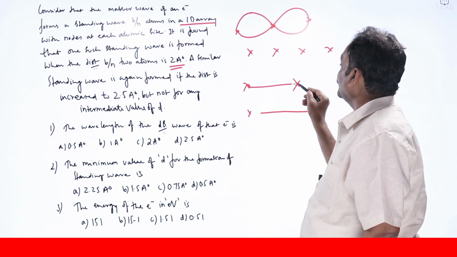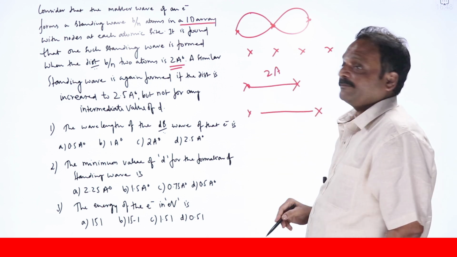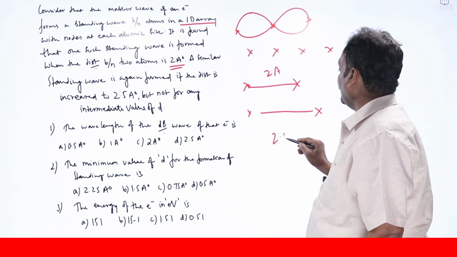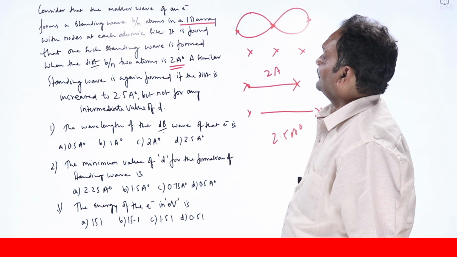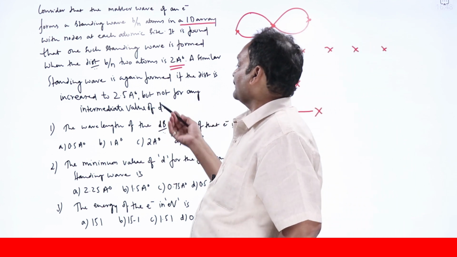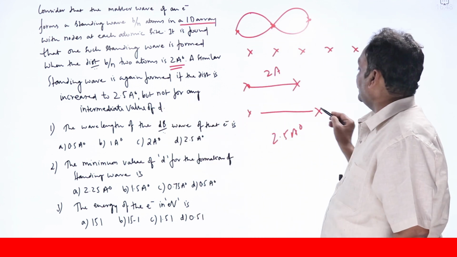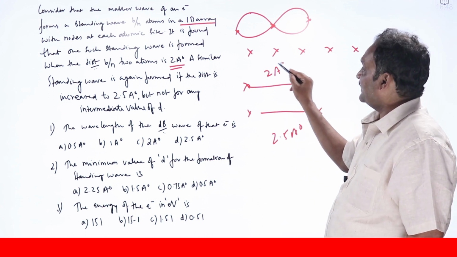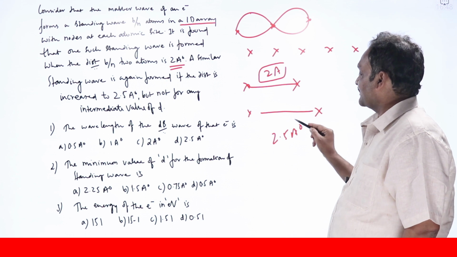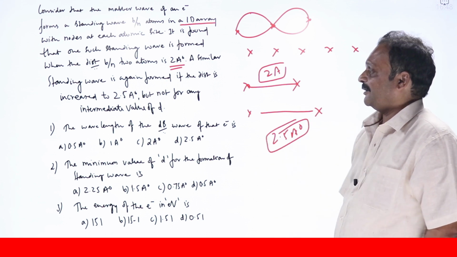When the distance is 2 angstroms, one standing wave pattern is observed. When the distance is 2.5 angstroms, another standing wave pattern is observed, but not for intermediate values of D. Means till the distance is 2.5, no standing wave is observed. So the first standing wave pattern is observed at 2 angstroms, and the next at 2.5 angstroms.